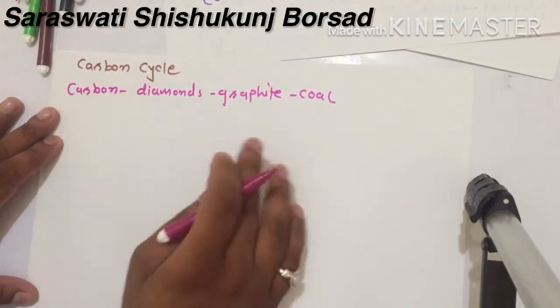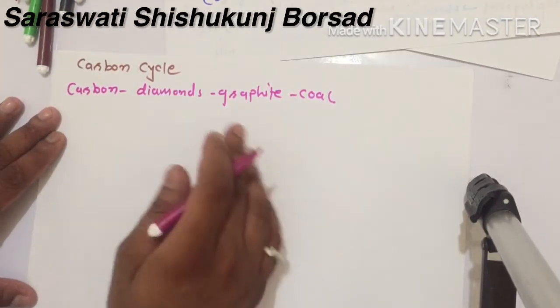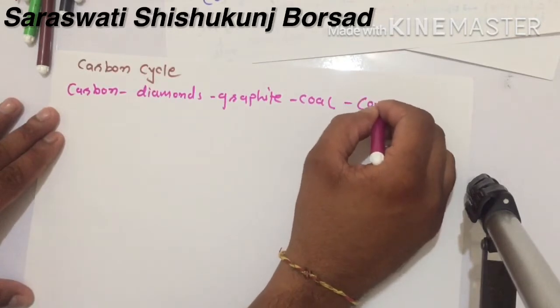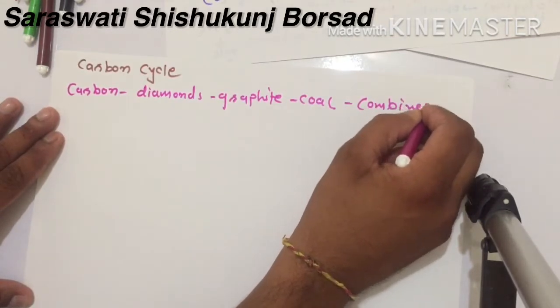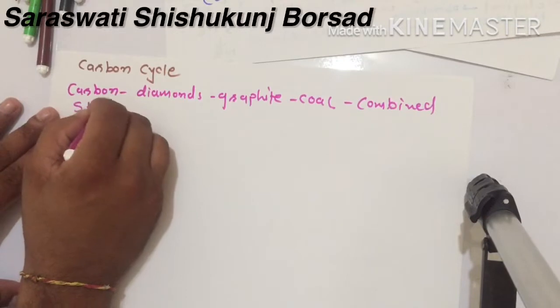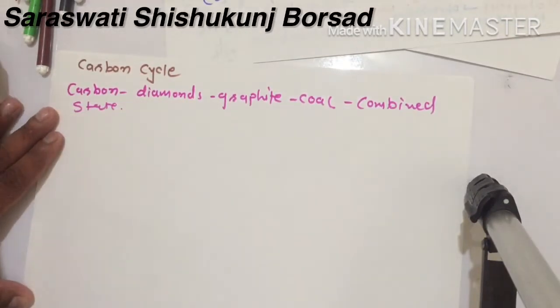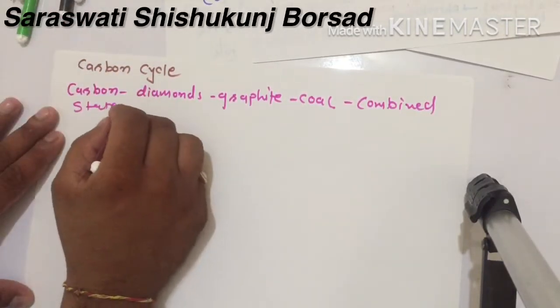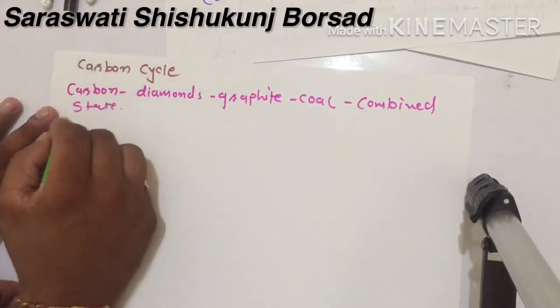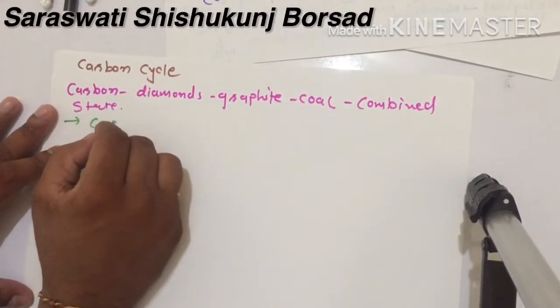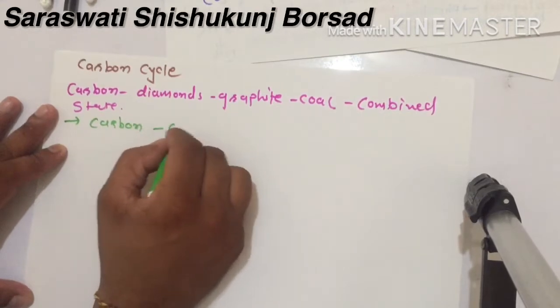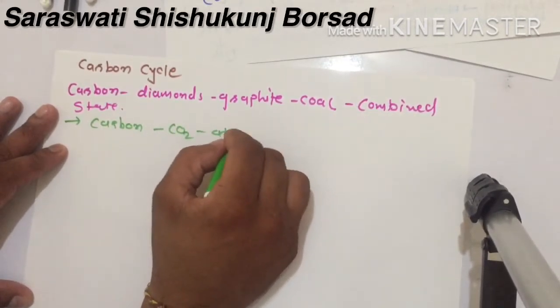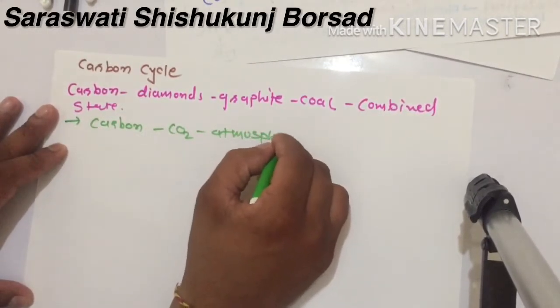So carbon is present in large portion and in many combined states. It is found in carbon dioxide form in the atmosphere.